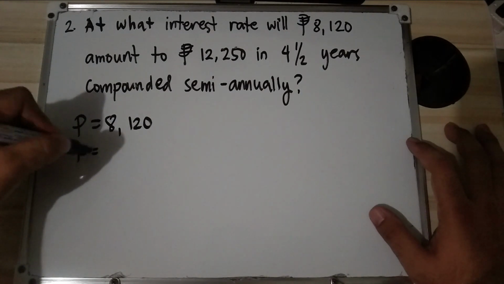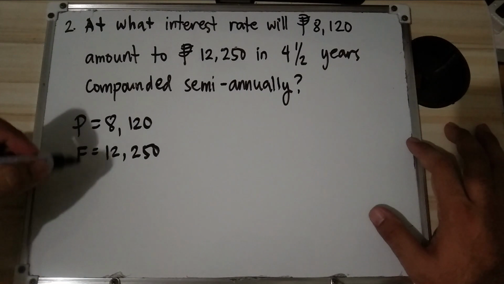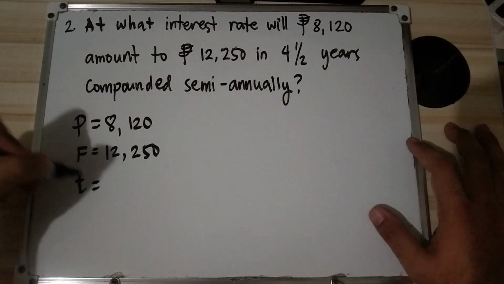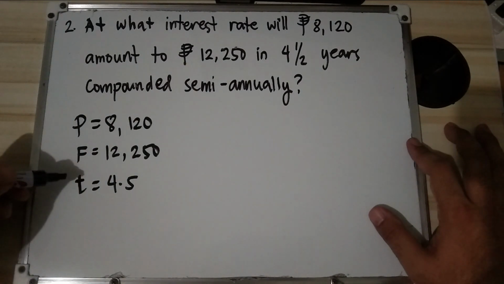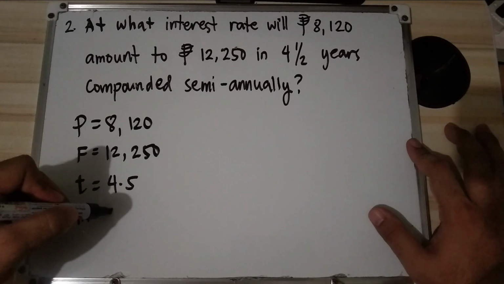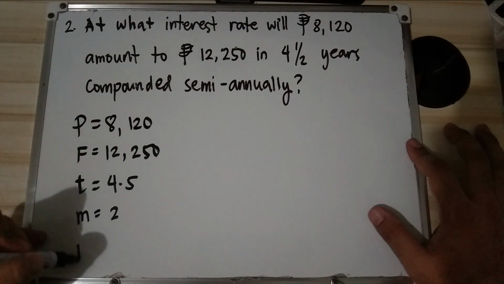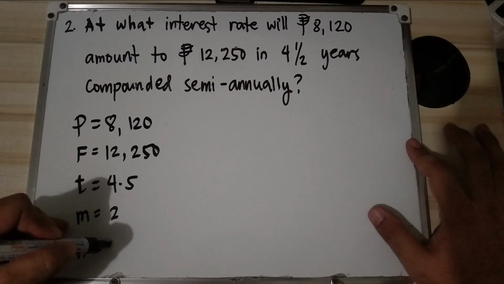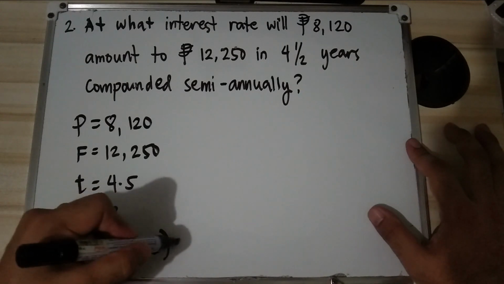Yung F is 12,250. Yung T, 4.5 years. Then yung M is 2. Okay, again, semi-annually. So, hanapin natin yung value ng N. N is equal to M times T, which is 2 times 4.5 is equal to 9.